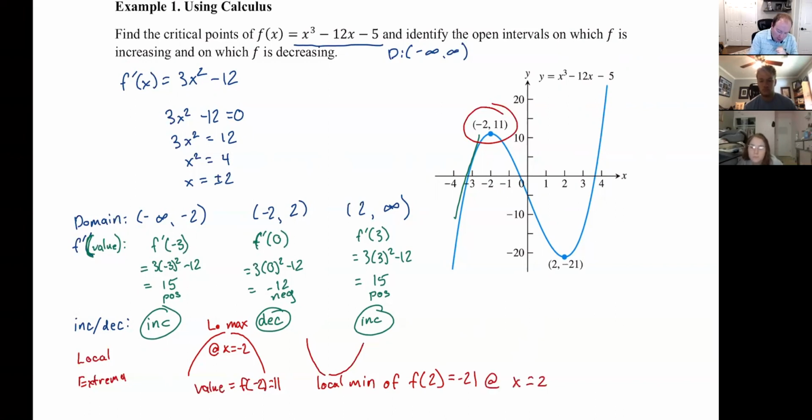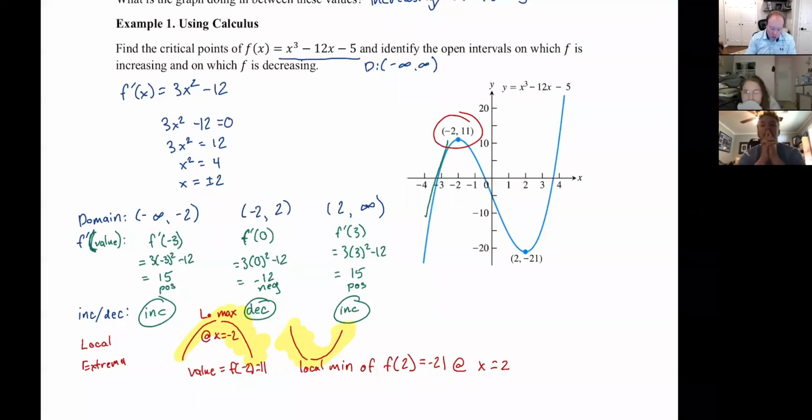So we want to make sure we understand when you switch from increasing to decreasing, you have a local max, and when you switch from decreasing to increasing, you have a local min. And we're going to summarize that next in the first derivative test. So one way you could even look at this is by considering we're essentially making a sign chart.